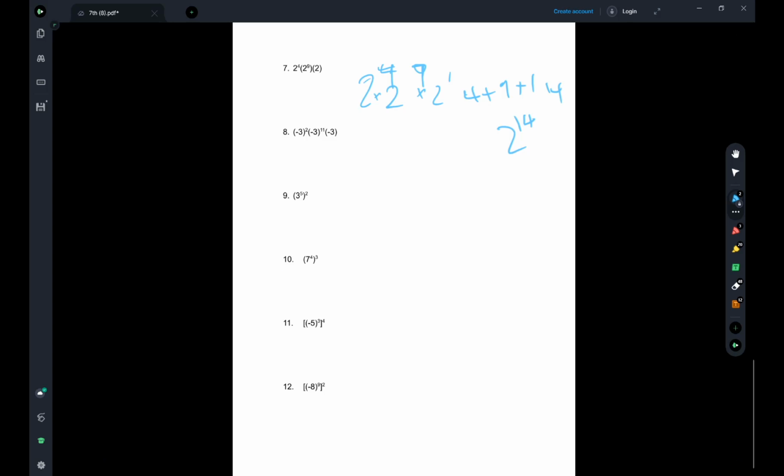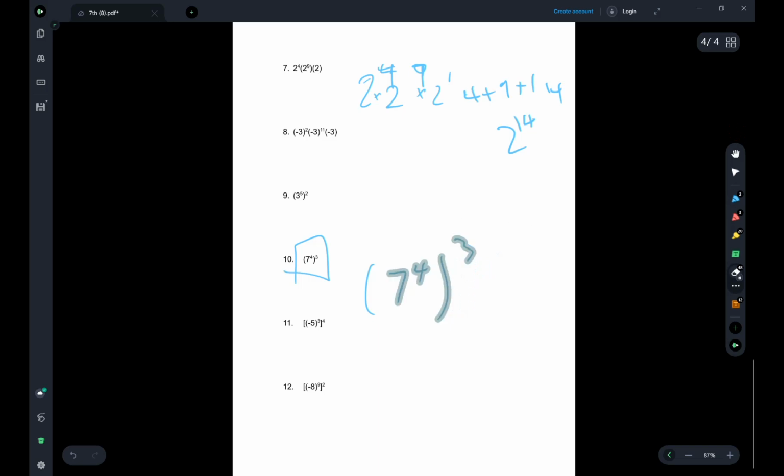Now, for this one, number 10, 7 to the 4th to the 3rd. What you do in this case is, if there's no base here and this part is not here, then you would have to multiply these two.